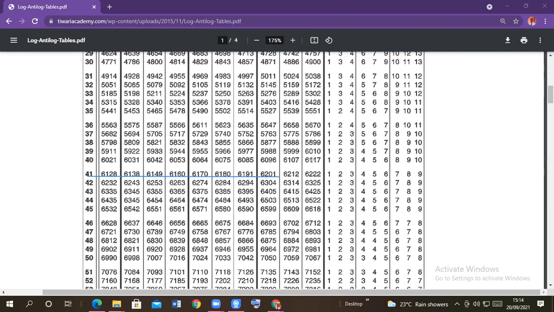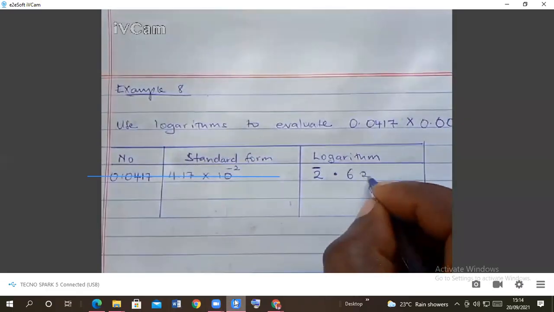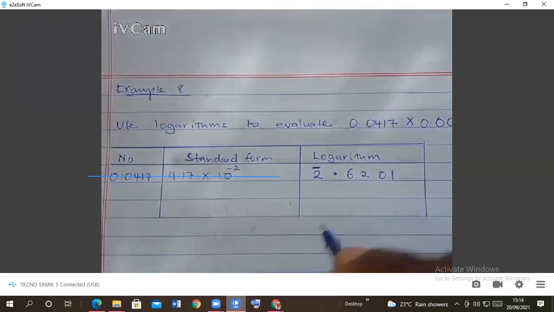So the answer we have there is 6201. So we shall write 6201.